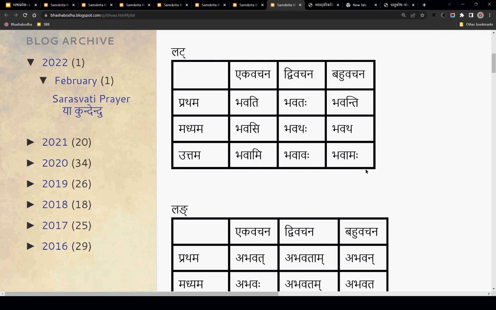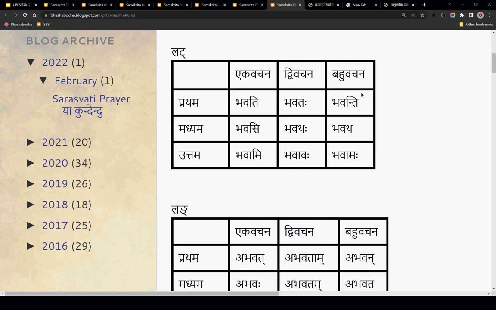If the karta is tvam, madhyama purusha ekavachana must be used; yuvam, madhyama purusha dvivachana; yuyam, madhyama purusha bahuvachana. For any other kartrupadam, other than aham, avam, vayam, tvam, yuvam, yuyam, prathama purusha forms must be used depending on the vachana.